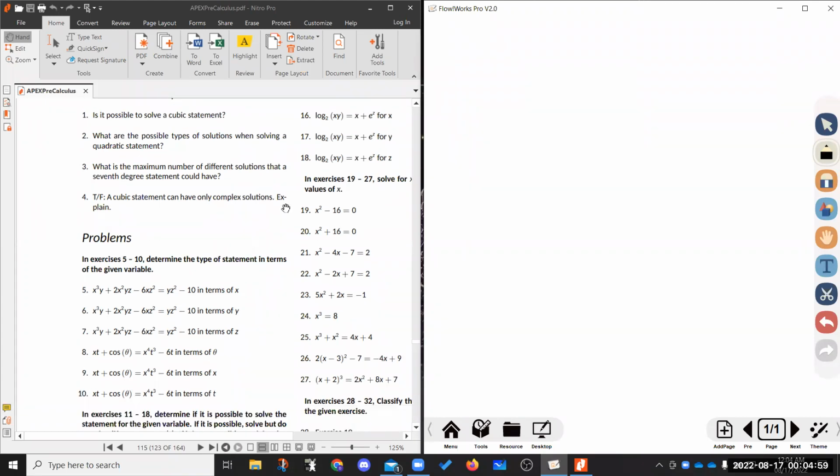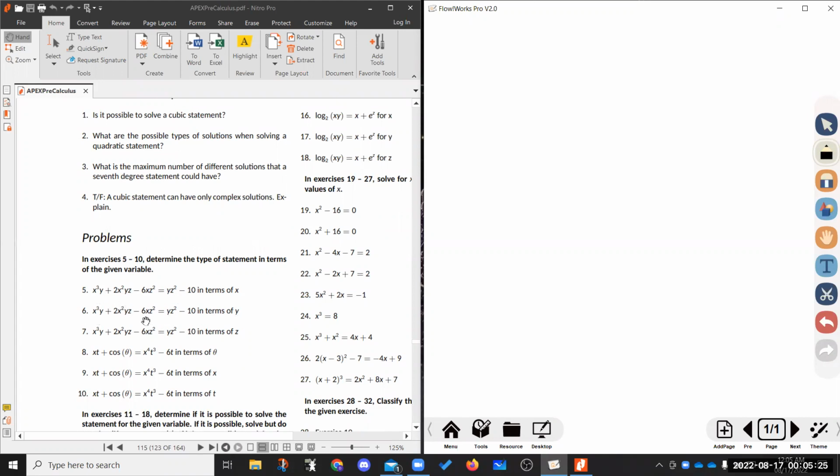All right, determine the type of statement in terms of the given variable. So this is degree 3. This is a cubic statement in terms of x. For number 5, in terms of y, this is a linear statement.